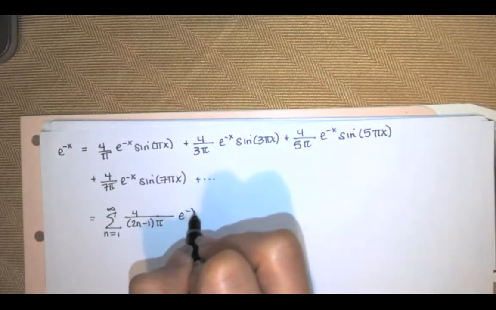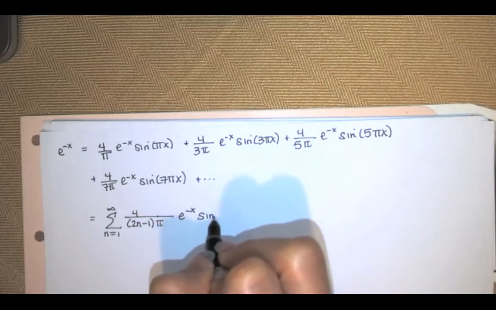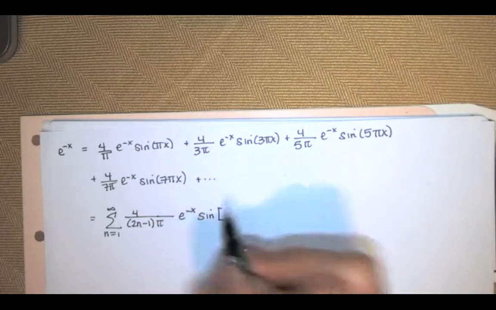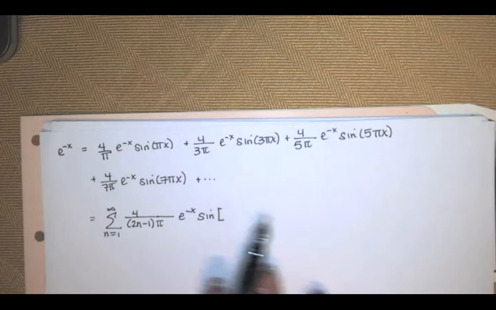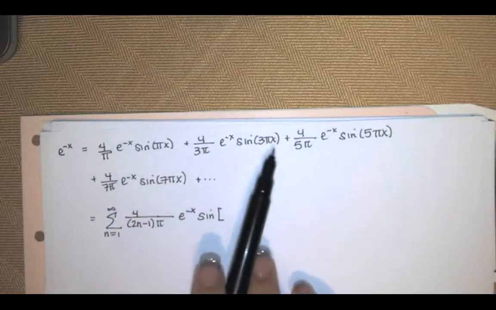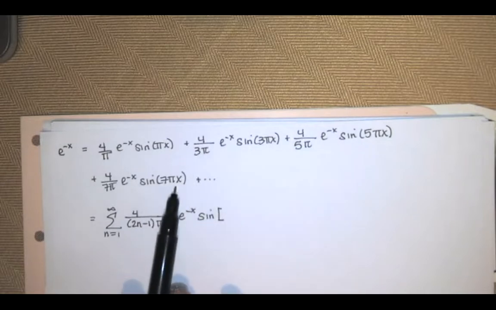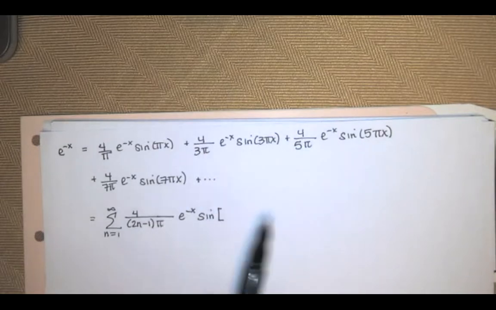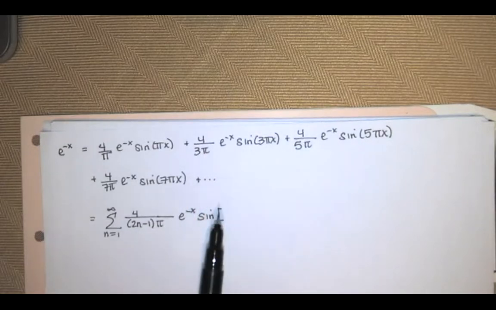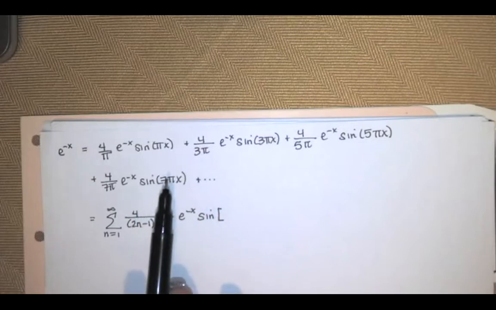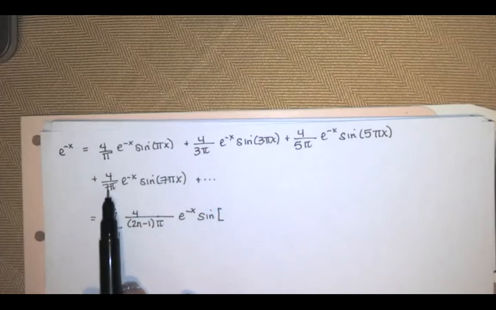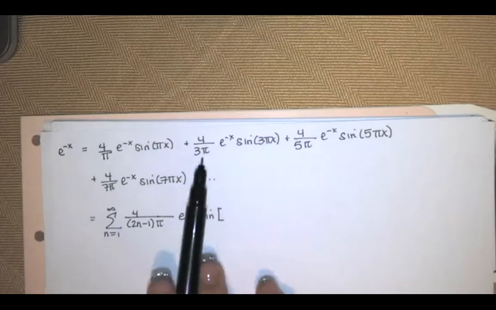And then we'll have e to the negative x times sine of n pi x. But again, we're not getting n equals 1, 2, 3 anymore. We're getting pi x and 3 pi x and 5 pi x and 7 pi x. So we're getting an odd multiple of pi x inside that sine function. Notice that this is a 7 pi x when that's a 7 pi, and a 3 pi x when that's a 3 pi.